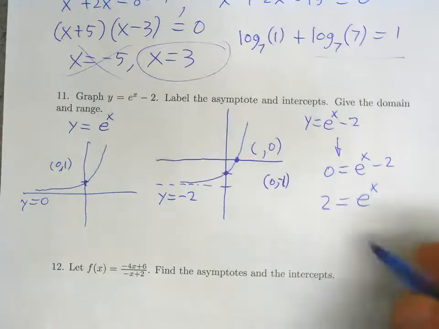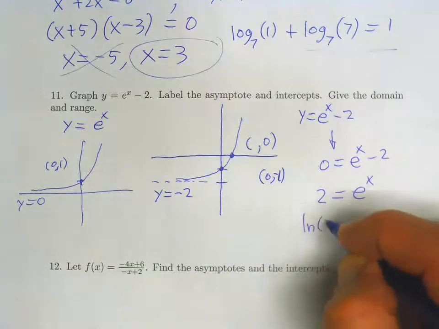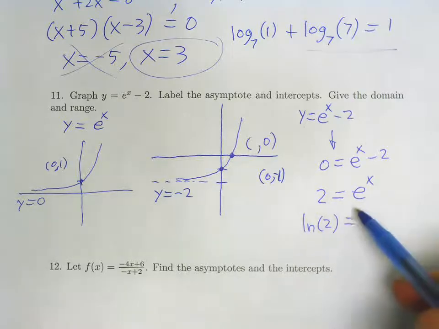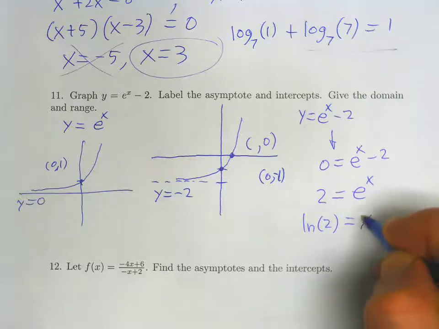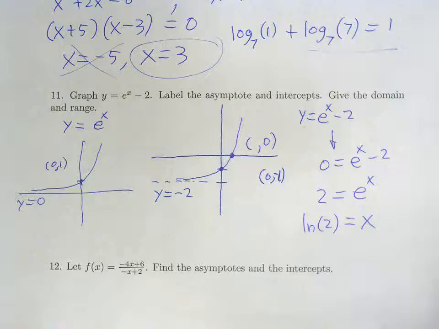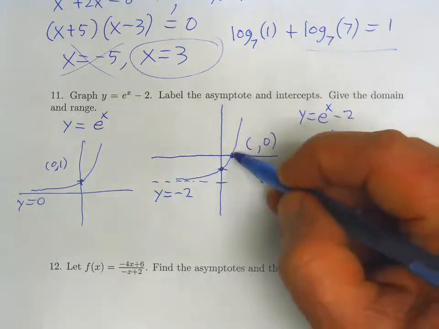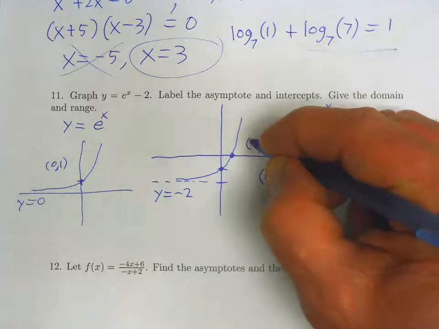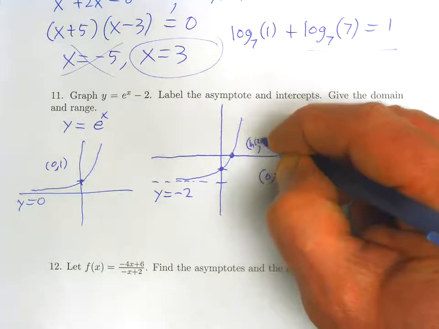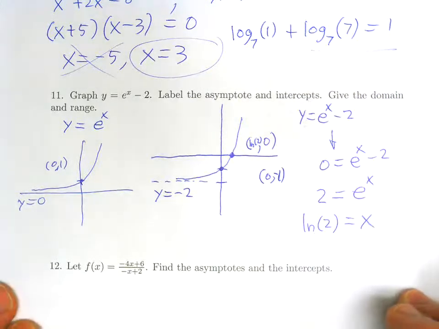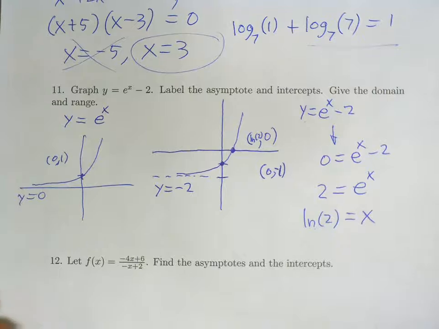And then the natural log of 2 equals the natural log of e to the x, which just simplifies to x. So the x-coordinate of the x-intercept is the natural log of 2, if you can read that.